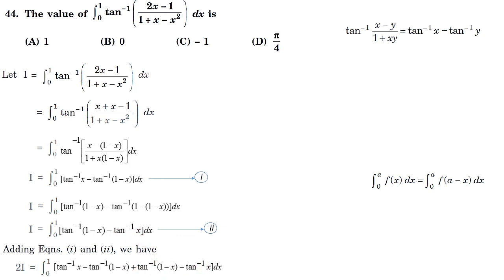When we check here, all have opposite signs. You can see tan inverse x minus tan inverse x, and minus tan inverse of (1 minus x) plus tan inverse of (1 minus x). So 2I is equal to 0 we have got. That means I is equal to 0. You can see where 0 is, option B. So option B is the correct answer.